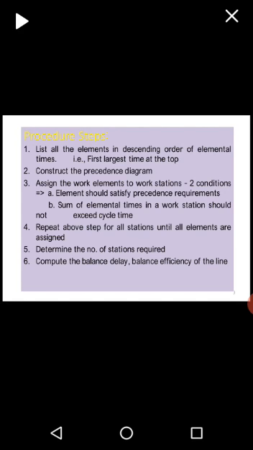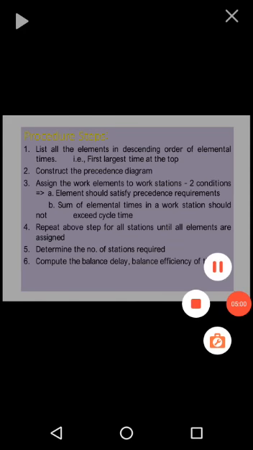Then the next step is to repeat the above steps for all stations until all elements are assigned. Next step, determine the number of stations required.